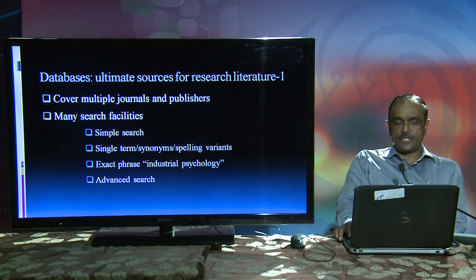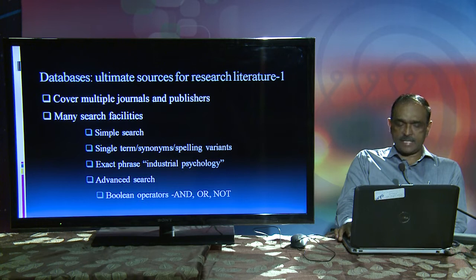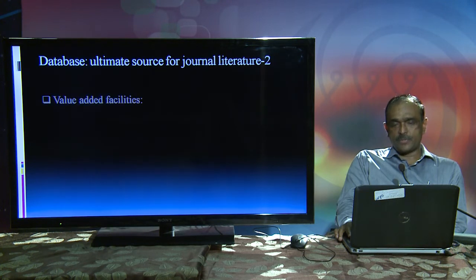Apart from simple search, all databases have the facility to search literature with advanced search facilities, which include search with Boolean operators, which help you to join two or more terms, join terms with synonymous terms, or exclude certain terms from searching the literature.